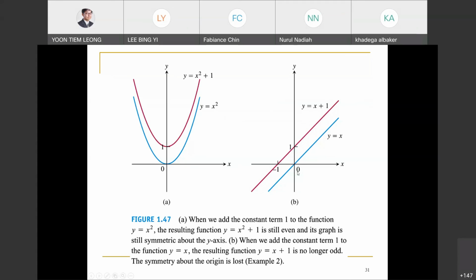Okay, but it has other symmetric operations. So it's very easy to look at a graph and tell whether a function is even or odd. So when you have a function like this, obviously when you look at it, you know that this function is even. That is, when you replace x by negative x, then the value of y is the same, right?